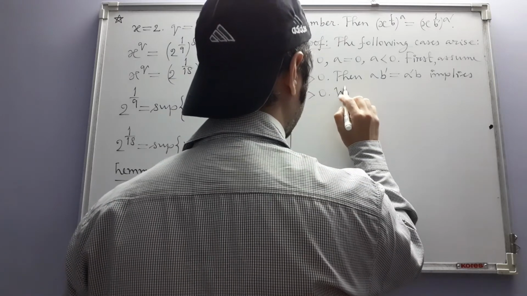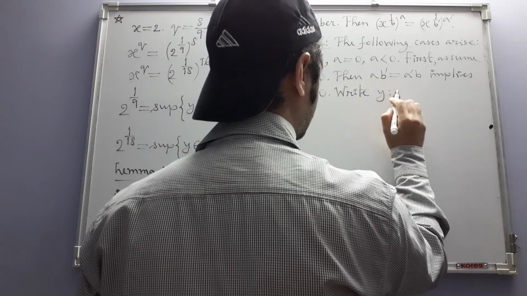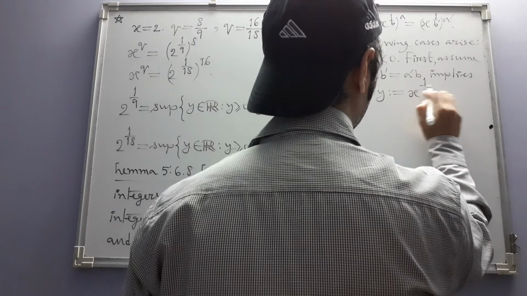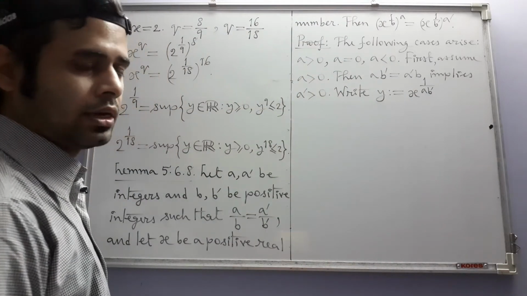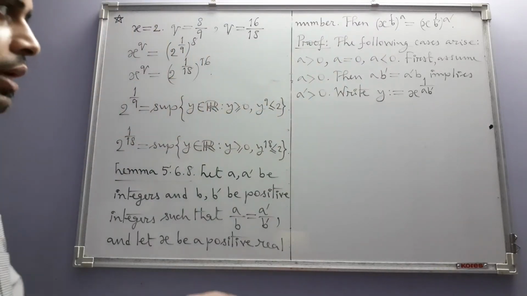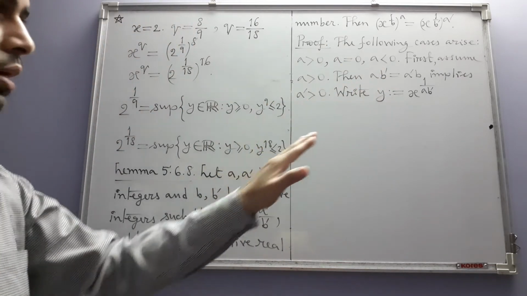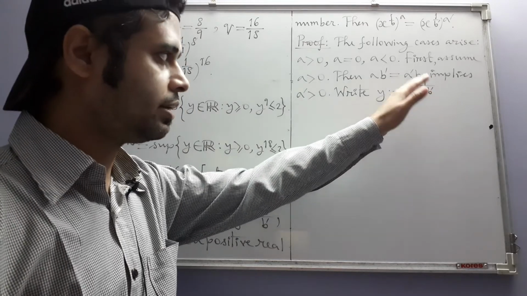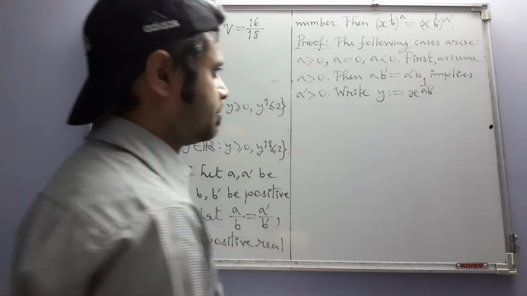Now write y equal to this root of x, the a b prime root of x, and it makes sense also because a b prime is a positive integer, so we can determine the corresponding root for x.